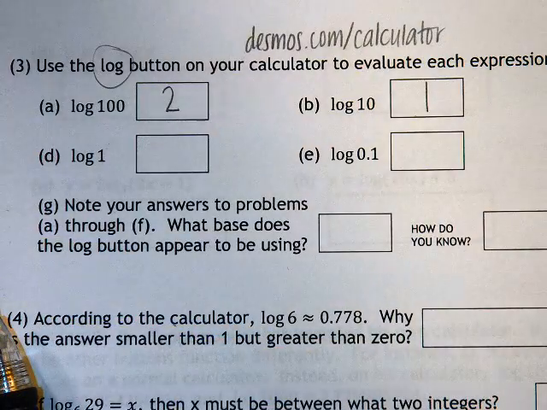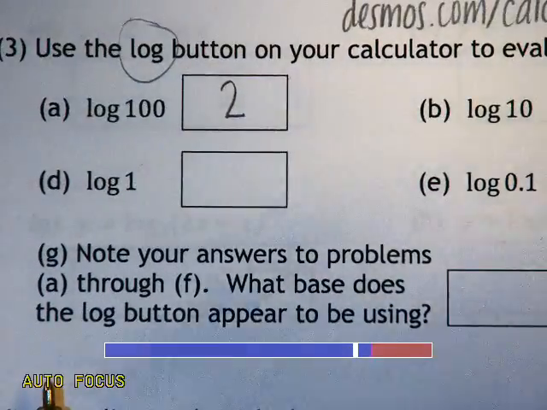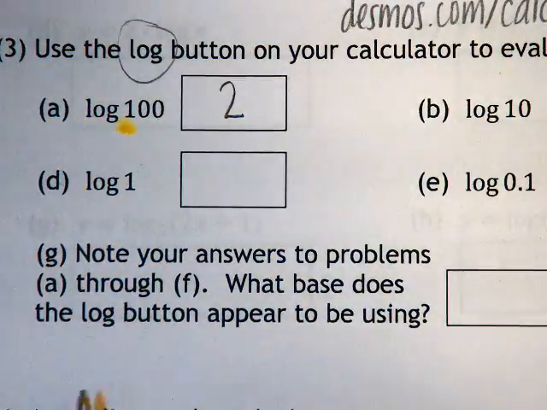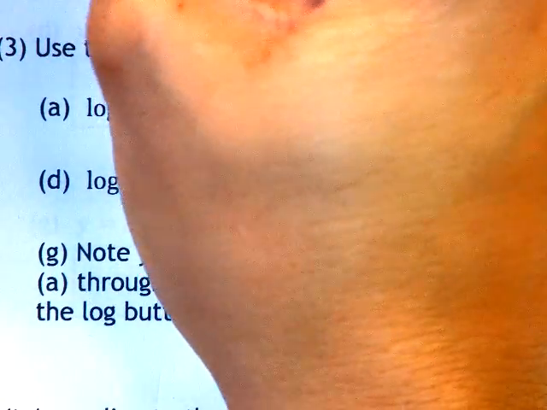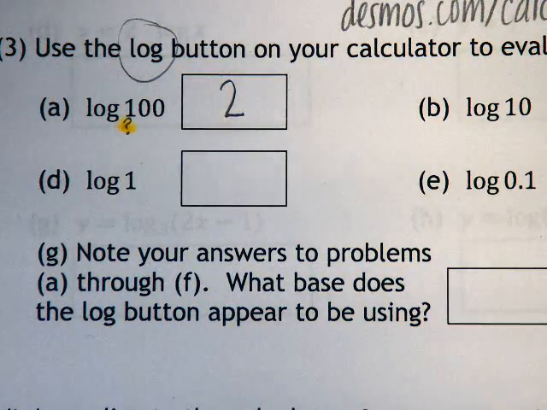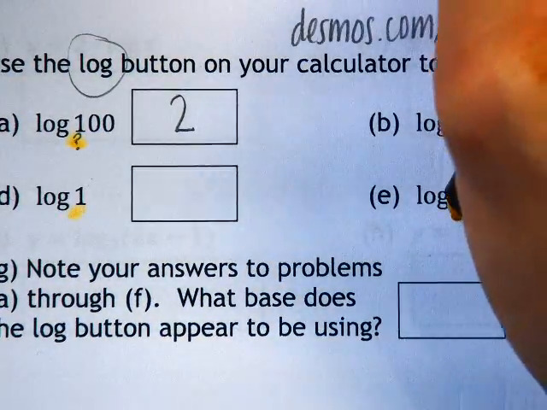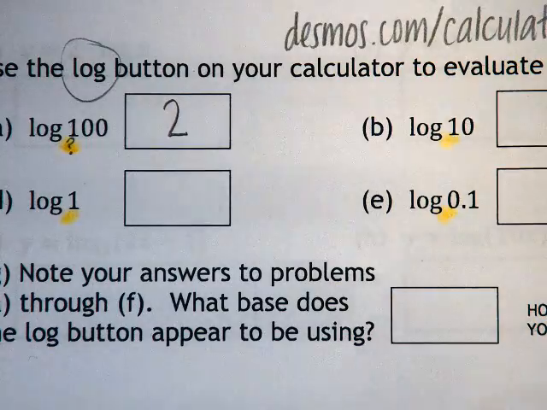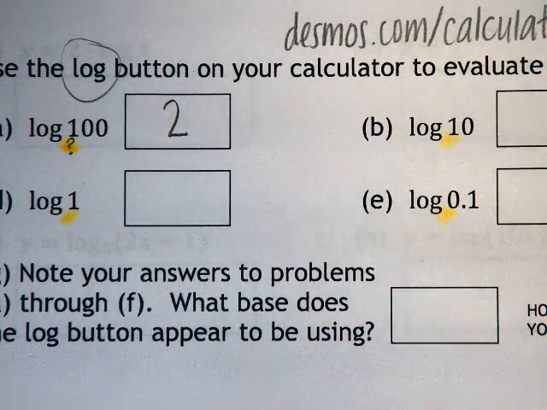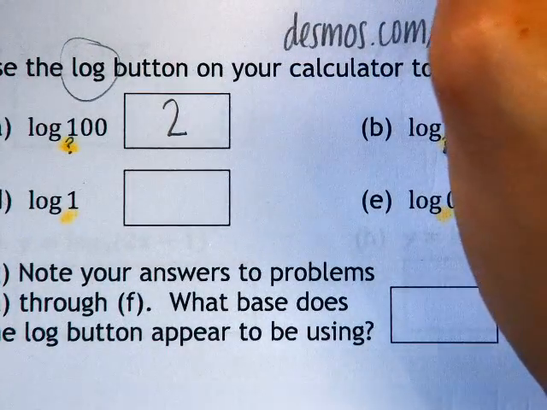So that's actually the point of question number 3, is to ask yourself, what little invisible base is hiding down here? What subscript is invisibly working? Because it's obviously going to have a base. Every log has a base, but what is it? And assuming that all of these calculations are being done with the same device, the question is, what is that base consistently in all of these questions?